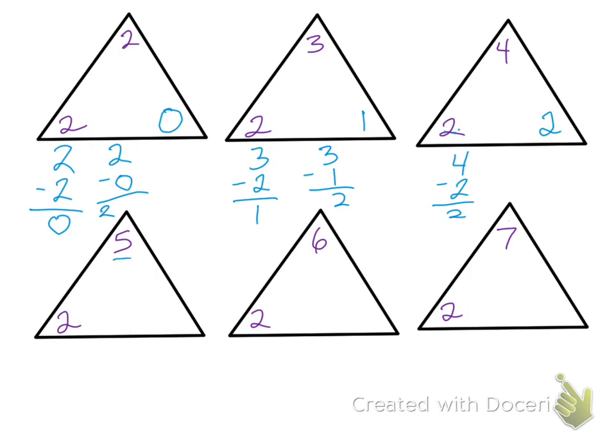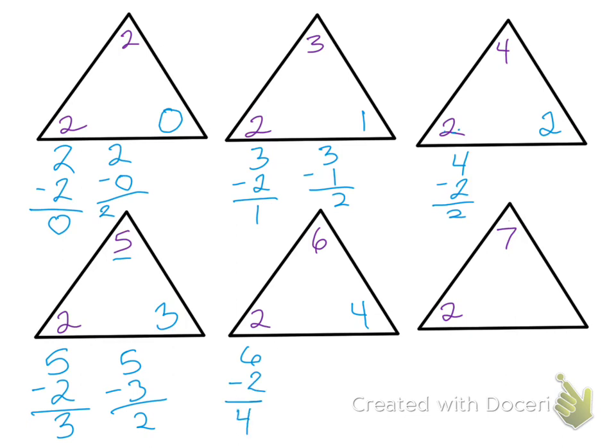Okay, let's look at the next one. My sum is 5, so 2 plus something equals 5. Well, I know 2 plus 3 equals 5. So that means that 5 minus 2 equals 3, or 5 minus 3 equals 2. Okay, this next one, we have 2 plus 4 equals 6, which means that 6 minus 2 equals 4, and 6 minus 4 equals 2.